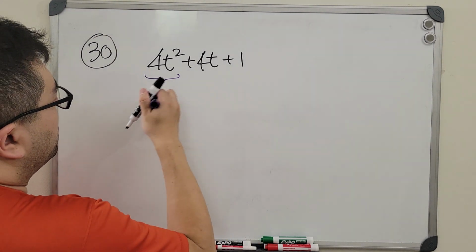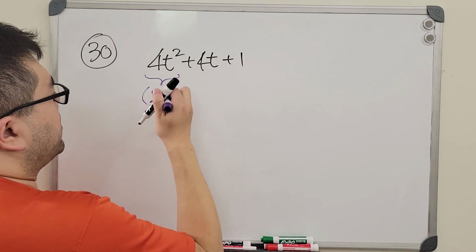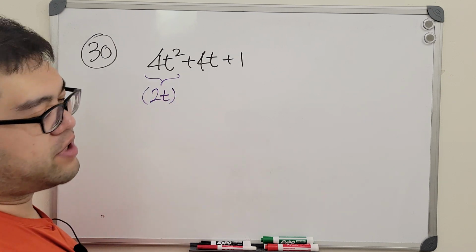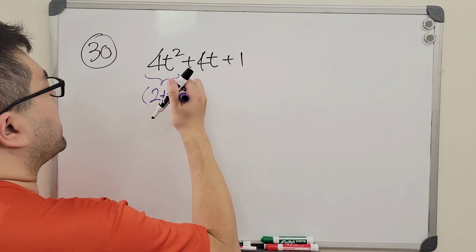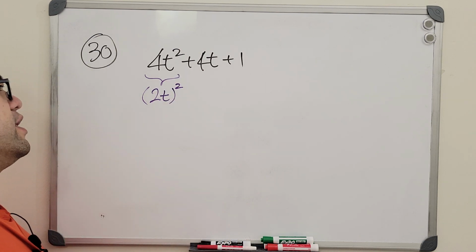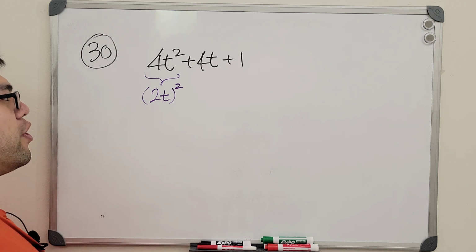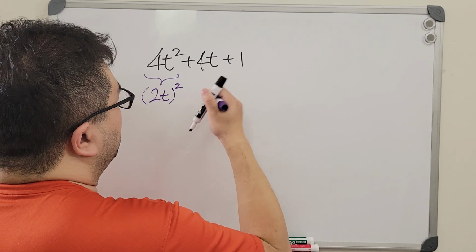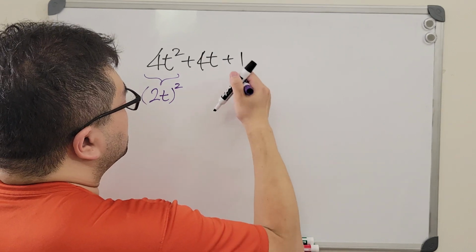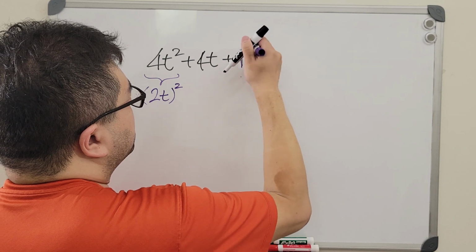But again, we can rewrite. We know that 4 is a perfect square, so we in fact know that this whole thing is also a perfect square. We can rewrite it as 2t quantity squared, and again, that's because 2 is the square root of 4, so we just factor it out and put it back with the t. And again, 1 is the same as 1 squared here.